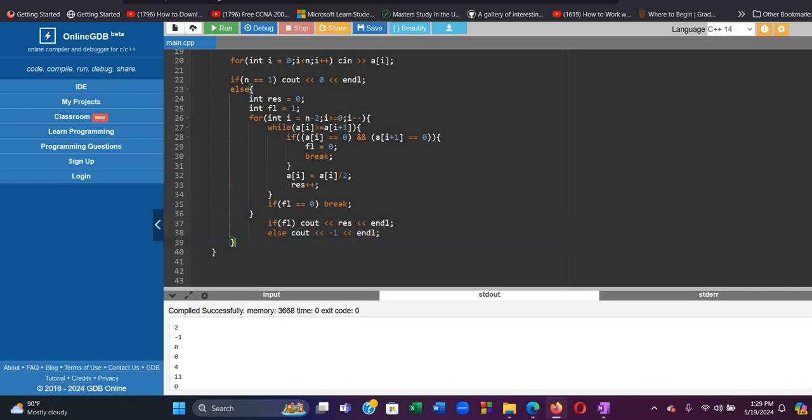The answer would always be -1 if it's equal to 0. If there's a formation like that, I have tracked it with this flag value, which would give me the tracking of whether that's -1 or whether there is actually some minimum number of operations that I can apply. So I hope you do understand it.